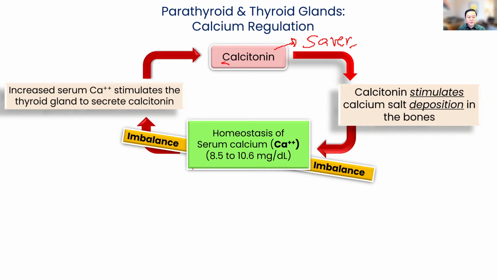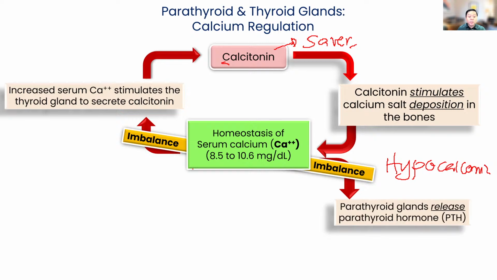However, if the exact opposite occurs, if there is hypocalcemia, which is another imbalance, what is going to happen here? In response to the decreased calcium level in the bloodstream, the body will respond by releasing the PTH, the parathyroid hormone.